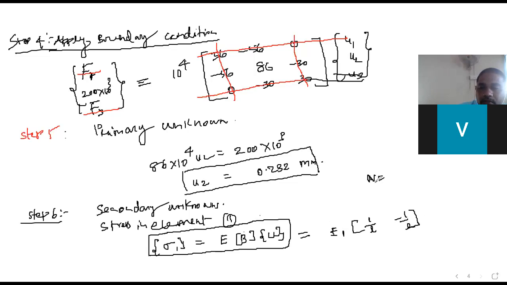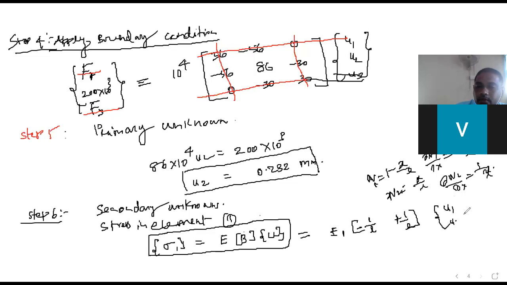Because N1 is equal to 1 minus x by L, and N2 is equal to x by L. If you differentiate, dou N1 by dou x is equal to minus 1 by L, and dou N2 by dou x is equal to plus 1 by L. So here you have to substitute these and multiply by U1 and U2.